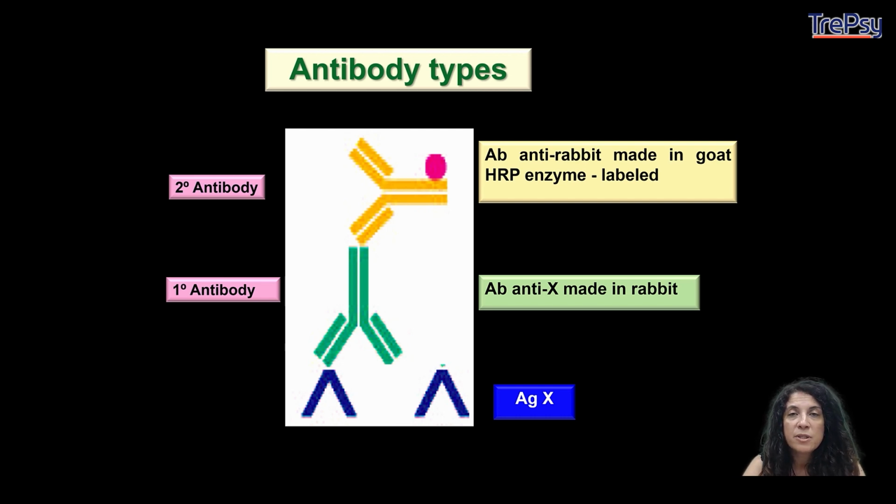So I use different types of serum to block my tissue, to block the background and to see my tissue better, and I use the serum from the animal that made the secondary antibody. For example, in this immunohistochemistry, I would like to use a goat serum.